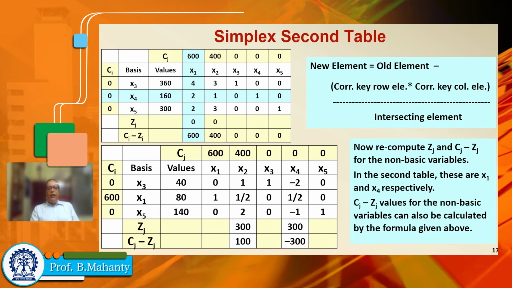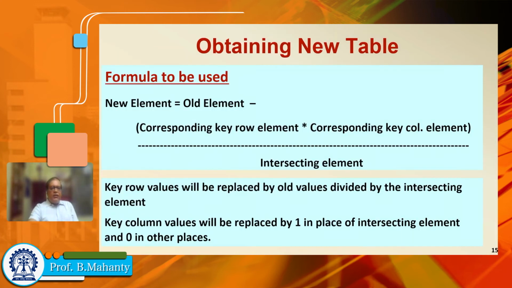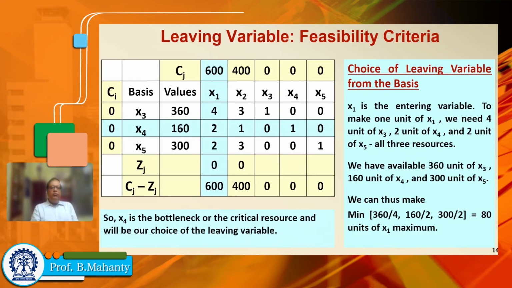Now, before going further, let us look at the pivot operation concept once again. What is this pivot operation and how did the pivot operation actually happen? See, this was our first table. In the first table, we had this 100, 010, 001 with regard to x3, x4, x5. So what we did, we found out the entering variable x1.